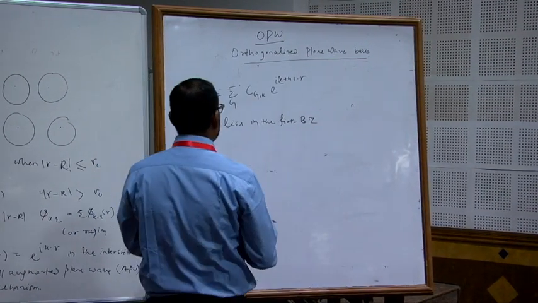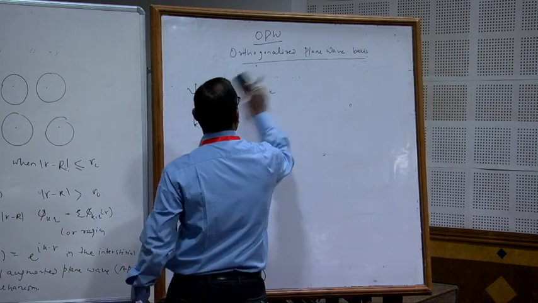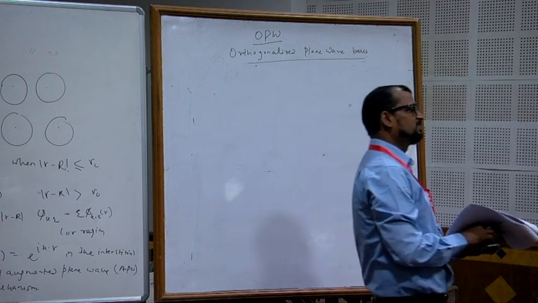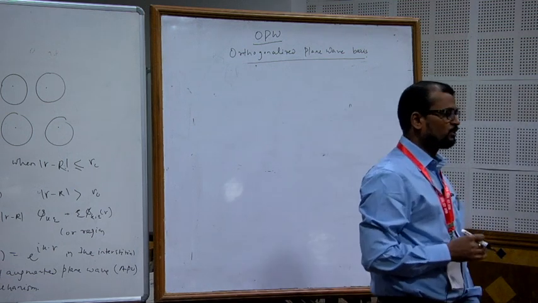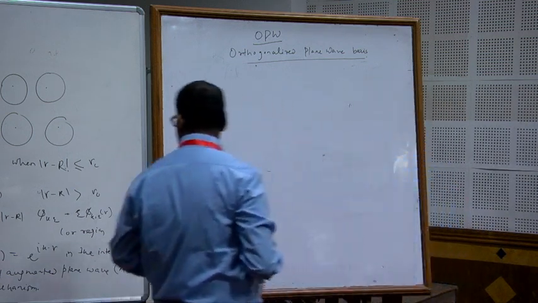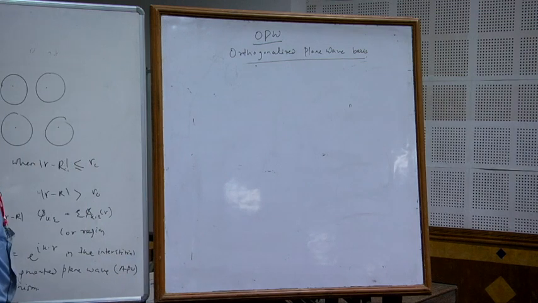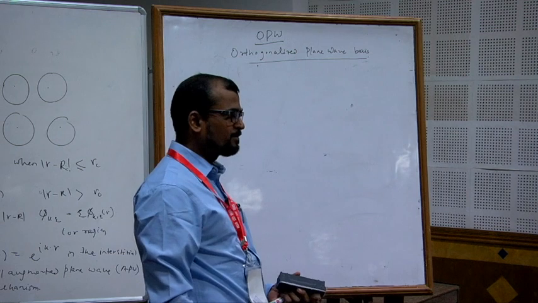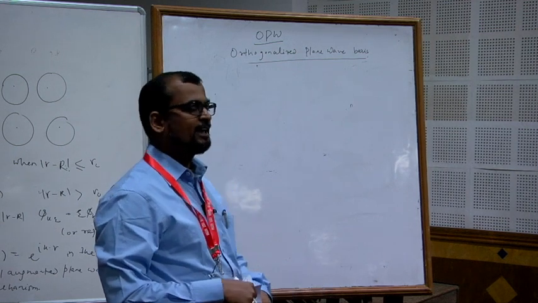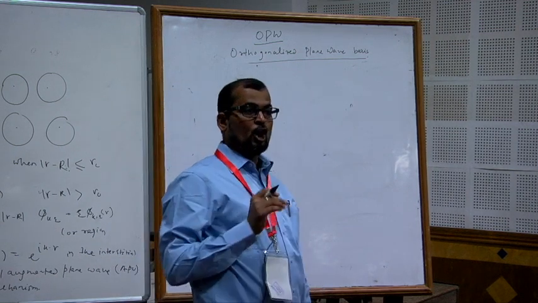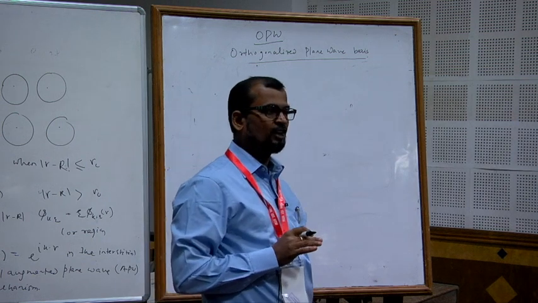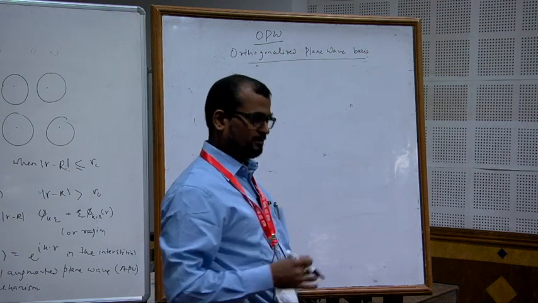Now, a similar idea is coming up in orthogonalized plane wave, just that we are not going to solve the radial equation inside the muffin-tin sphere or in the core region. Rather, we'll take the help of already established core orbitals.